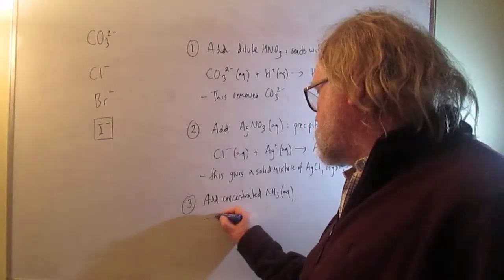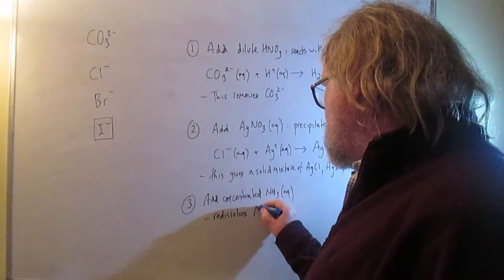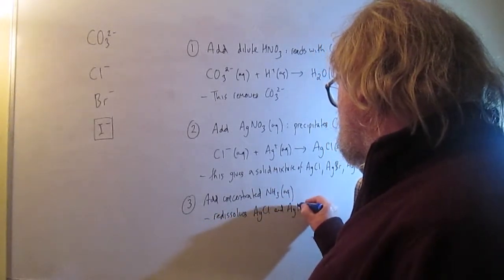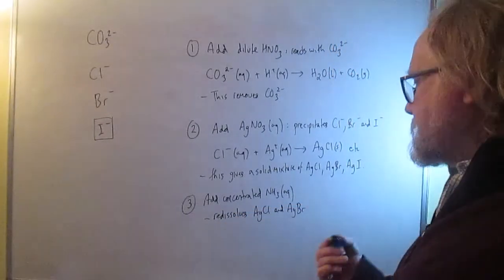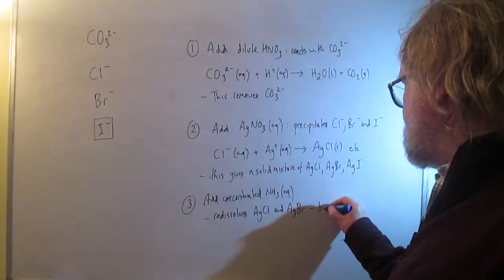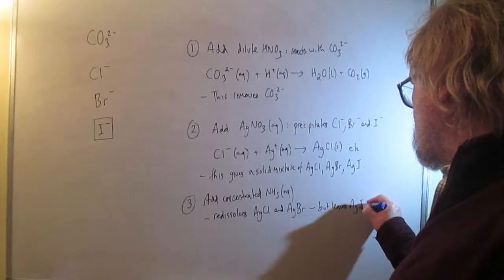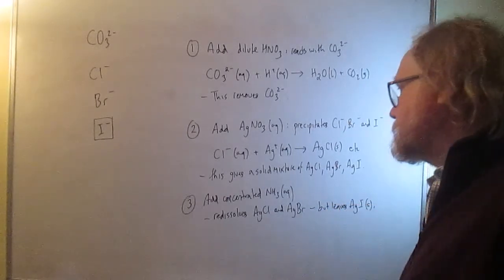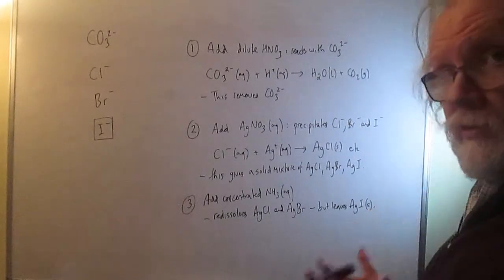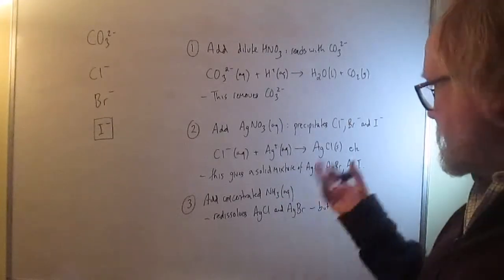So that will redissolve AgCl and AgBr. But silver iodide won't redissolve in ammonia no matter how concentrated it is, but leaves solid silver iodide. So now we're almost there, but that's not a pure sample, okay, because it's still floating around in the solution with the ammonia and all these other things.